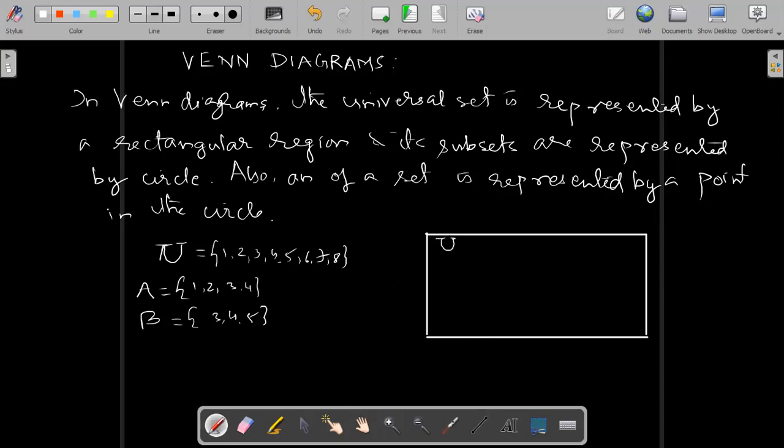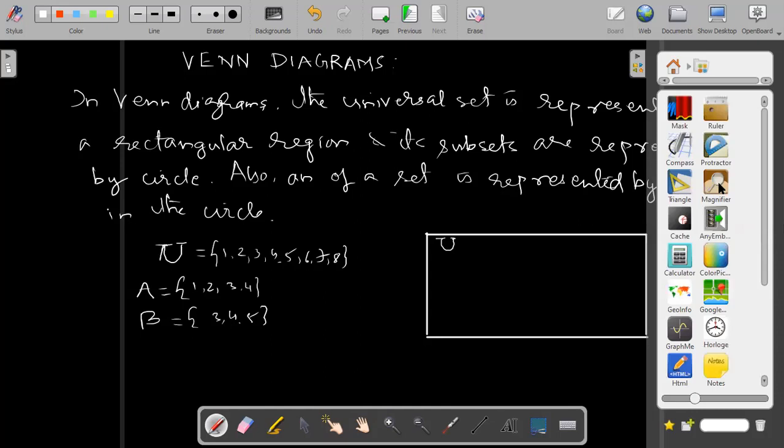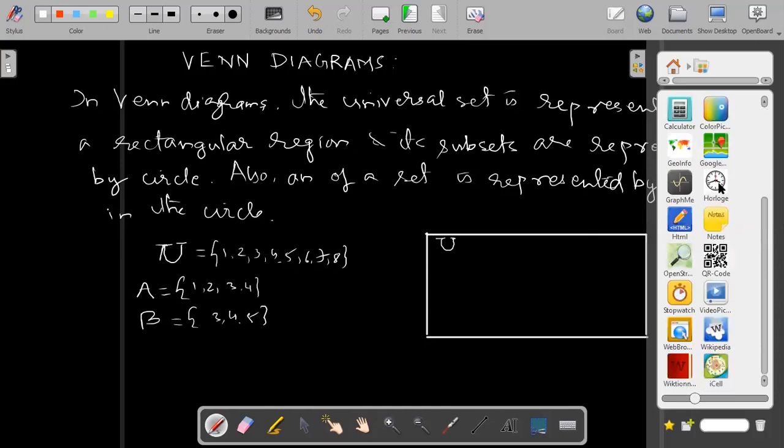Universal set means it has all the elements 1 to 8. Now we have to draw set A and set B by using circles. You have to check that A and B have some common elements. So we will draw set A and set B by using circles.